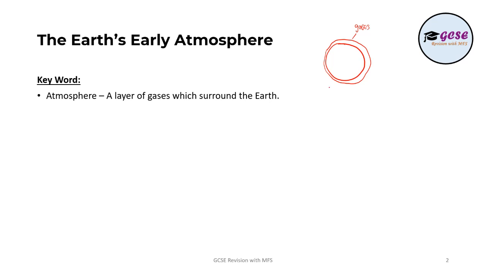We're going to go over those gases later in today's lesson. It contains gases, and this is what ultimately keeps the Earth warm. So that's what the atmosphere is. It's a layer of gases which surround the Earth, and it's really thin.